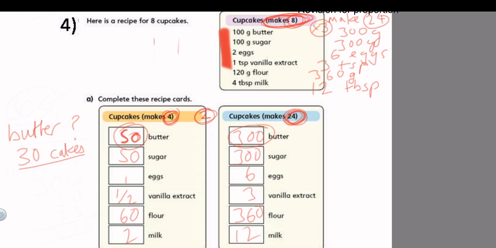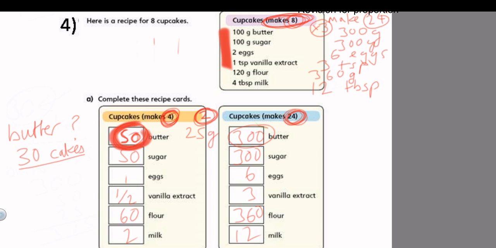Now just focus on this 4 over here. Remember, for 4 cupcakes I need 50 grams of butter. So for 2 cupcakes, remember 2 is half of 4 cupcakes, so you took half the ingredient. Half of 50 is 25 grams. So you need 25 grams of butter for 2 cupcakes. So what's that all together?